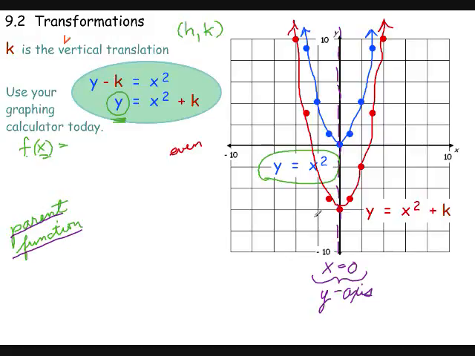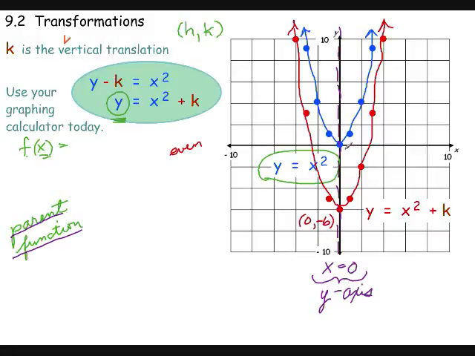Now let's see, what does this look like? Where is my vertex? My x is still 0, but my y is, remember these are 2 by 2 grids, 2, 4, 6. It's a negative 6.